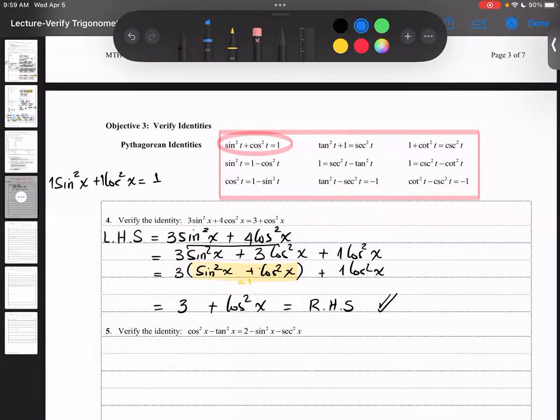I want this formula. How do I get the one I circled in blue? Well, I'm going to start out with the Pythagorean theorem, which is sine squared t plus cosine squared t equals 1. Don't write this down. I need tangent squared t. So I have sine squared t there. Sine over cosine, that's tangent, right? So I'm going to divide everybody by cosine squared t. It's an equation, I can do this, right?